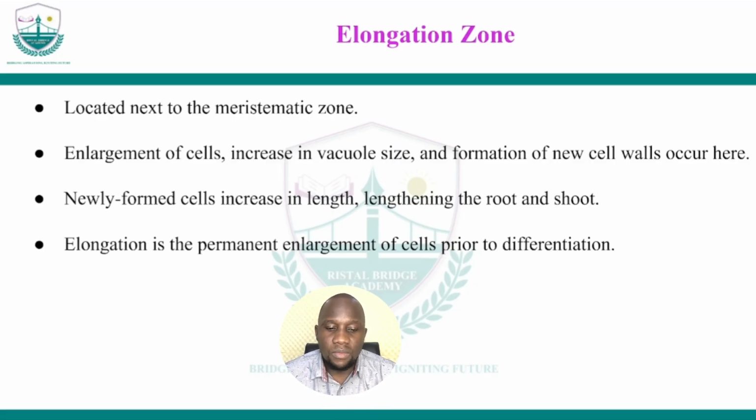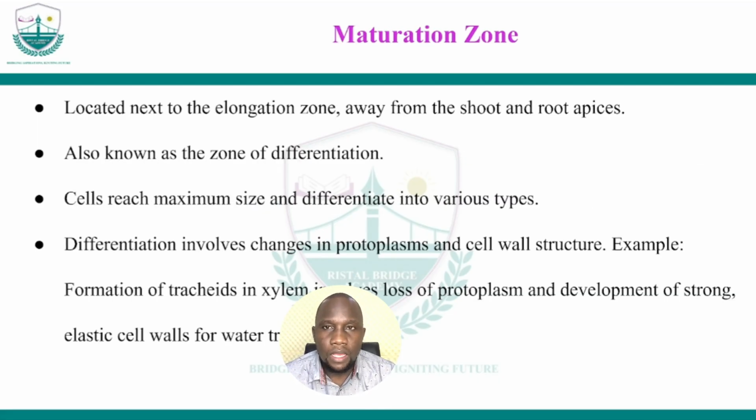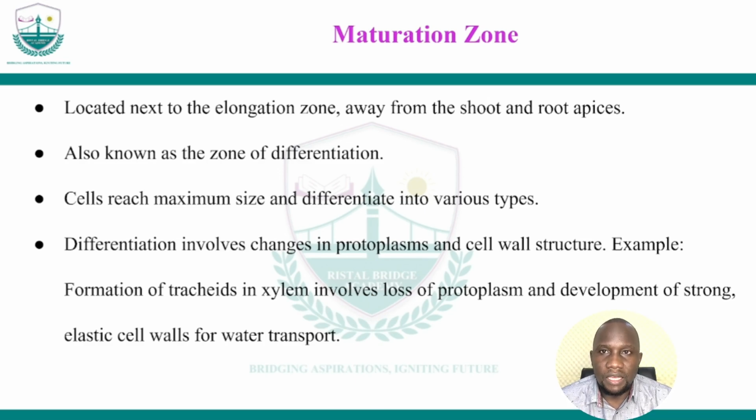Okay, so the newly formed cells increase in length, whether it is the roots or the shoots, and that's why we are terming it as elongation, the permanent enlargement of cells prior to differentiation. Okay, so the cells get elongated, and this process is irreversible, and then later on these cells will differentiate to form different types of cells. Okay, so the differentiation happens in the maturation zone. This zone can also be called the zone of differentiation.